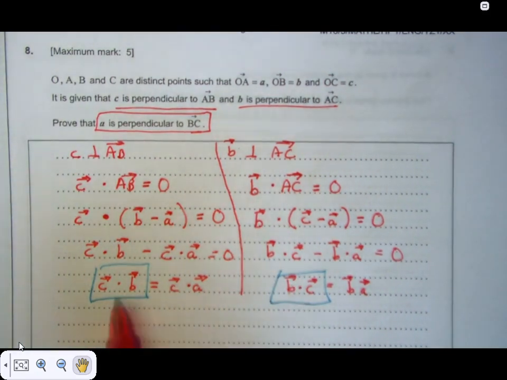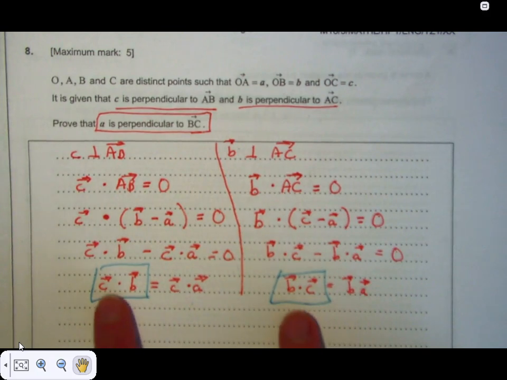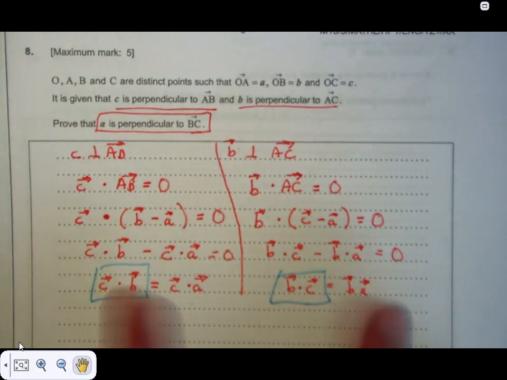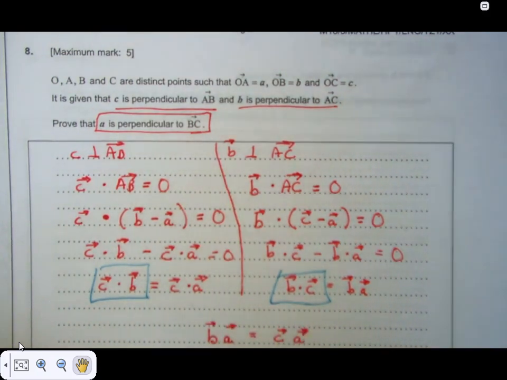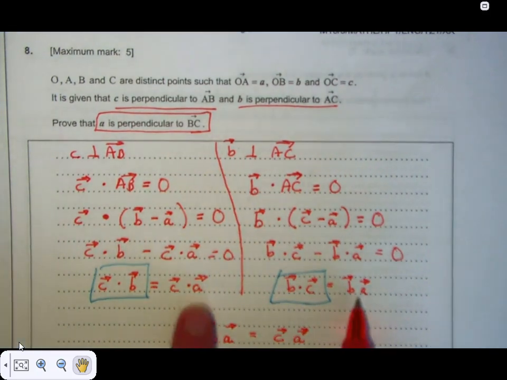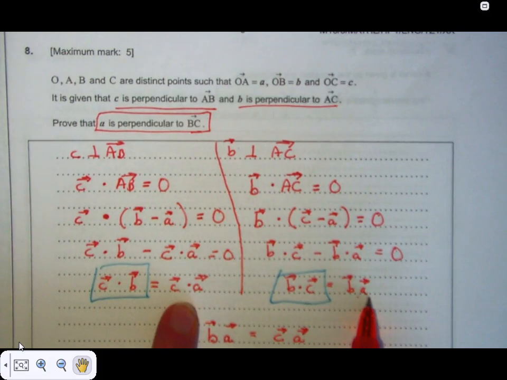If you have two different quantities that are equal to the same quantity, they're equal to each other. That's the transitive property. So you know that B dot A is equal to C dot A.